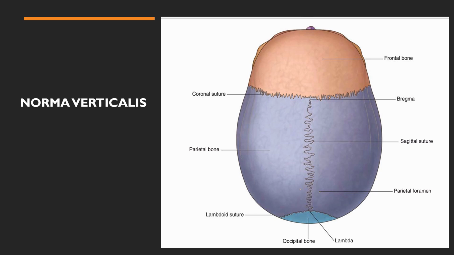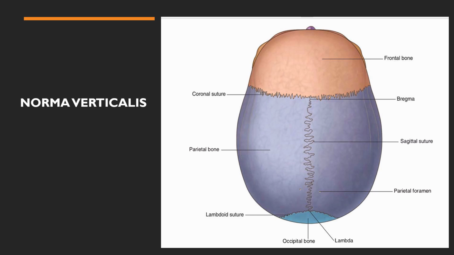We also have the sagittal suture, which is here, and it runs longitudinally along the midline of the skull, separating the two parietal bones. This suture extends from the coronal suture at the front to the lambdoid suture here at the back, and divides the skull into right and left halves.